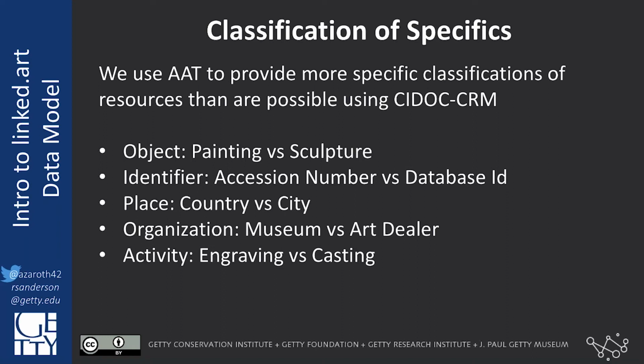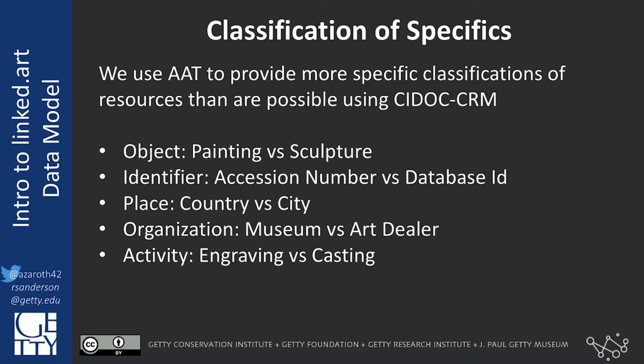CIDOC CRM calls out certain types of things. It says titles are different than identifiers, or people's names are different than titles. These are all different types of appellations, but as we started looking at your data, we realized that in reality, there are hundreds of different kinds of names.